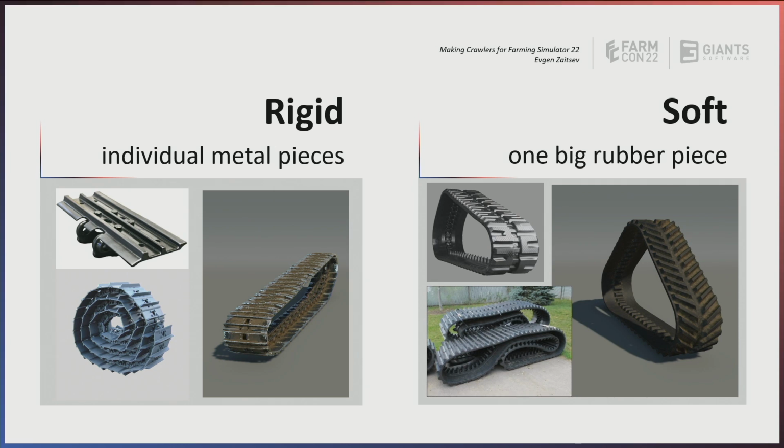It's individual pieces. It's important. The other one is soft. I call it soft, but it's basically rubber connected to each other from the beginning to the end. It's deformed softly on the rotation elements. It's kind of logical.